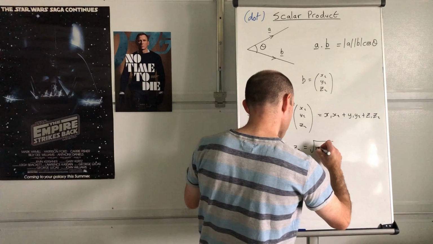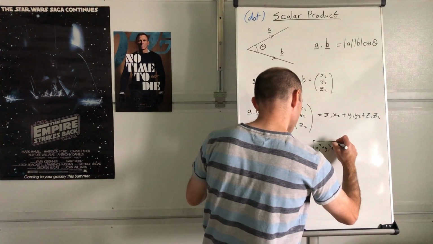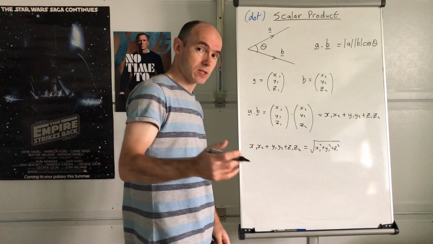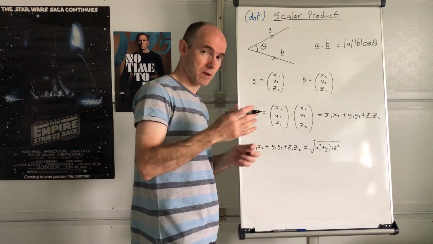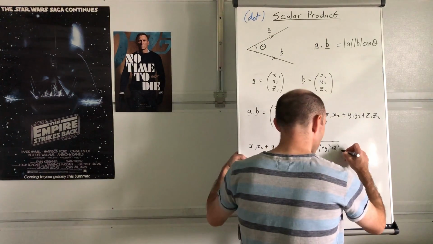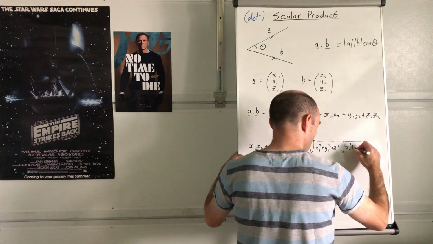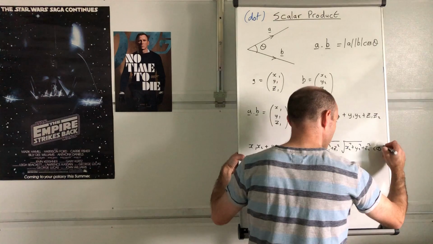Use Pythagoras' theorem, of course: x1 squared plus y1 squared plus z1 squared. The magnitude of a vector in three dimensions is found using Pythagoras' theorem. Then the magnitude of B is x2 squared plus y2 squared plus z2 squared, times cosine theta.